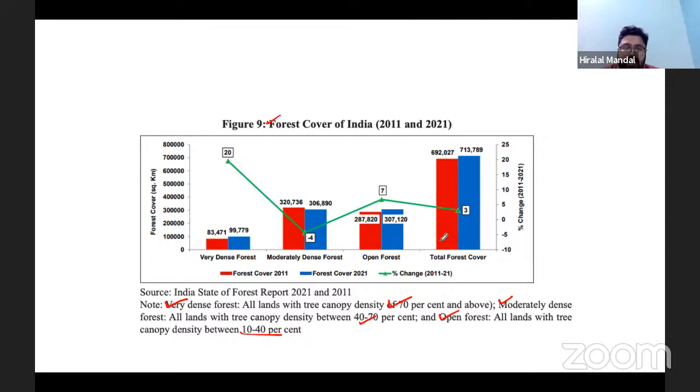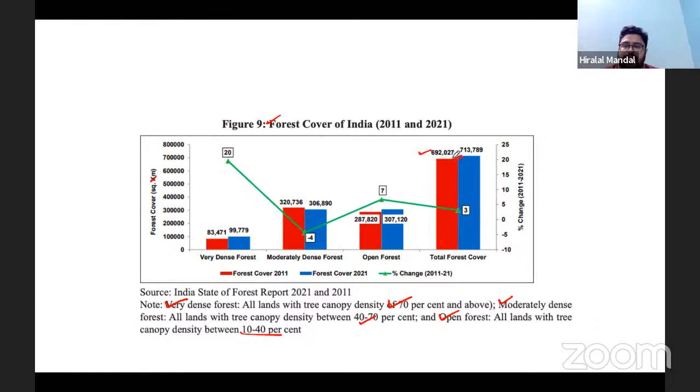If you look at India's forest cover, in 2011 India's total forest cover was 6,92,027 square kilometers.